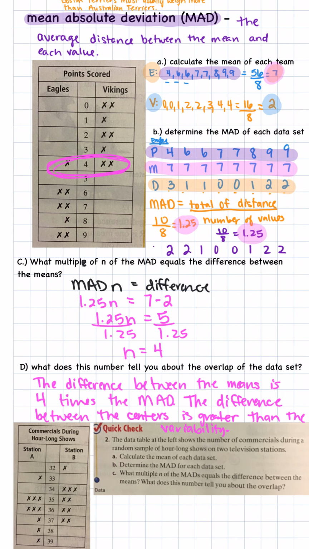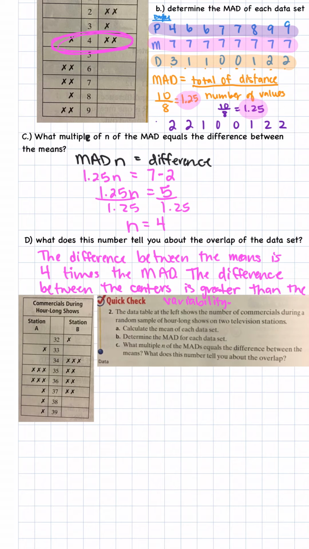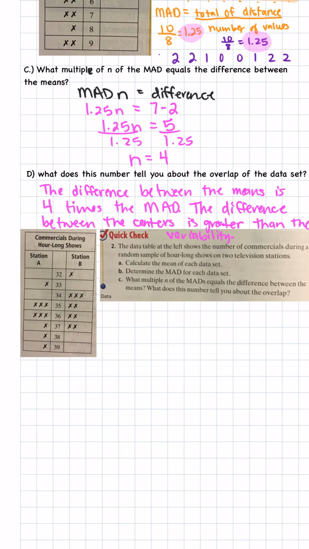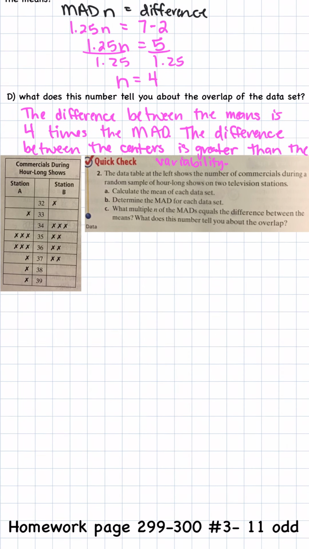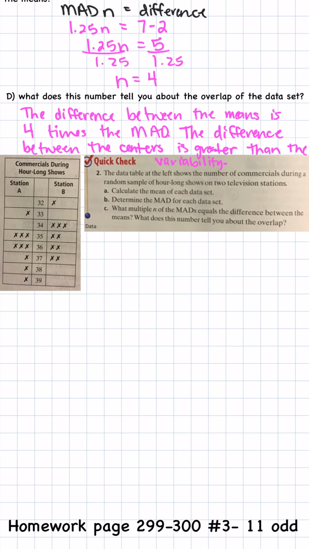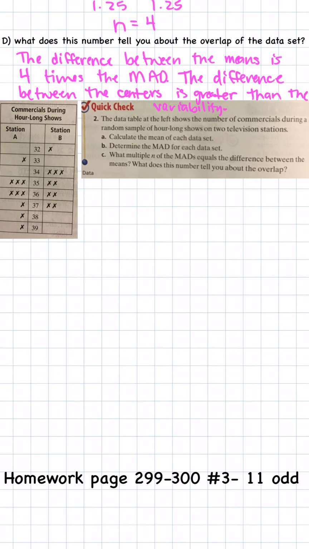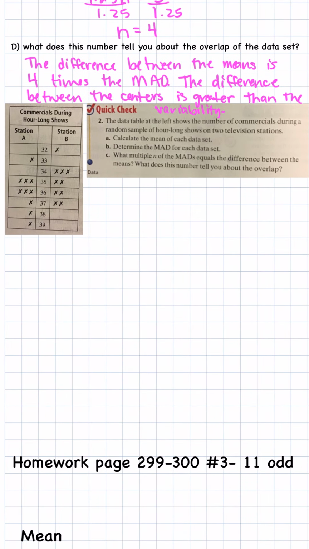Okay, now it wants you to try it, and that was kind of crazy, so do refer to your notes there. See what you can come up with, A, B, and C. Like I said, go back to your notes. Come back to me when you're done.